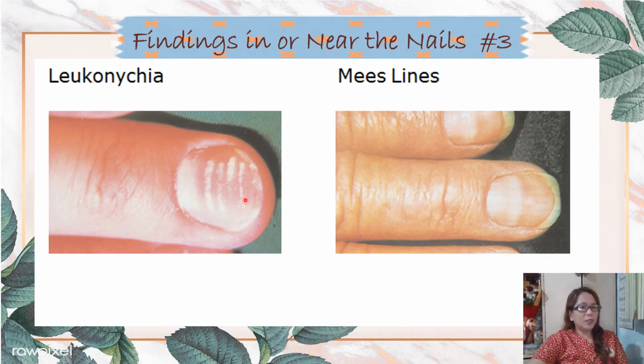Okay, so another abnormality is leukonychia. This is a condition where white lines or dots appear on your fingernails or toenails. This is a very common issue, and this is harmless. Okay, so another example here is the Mees lines.